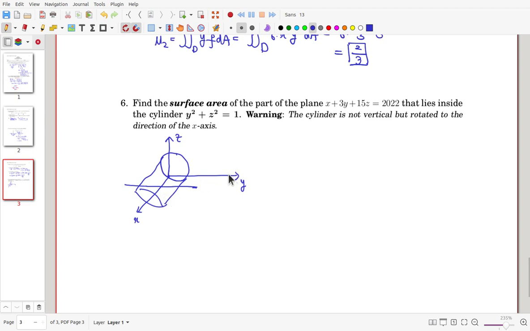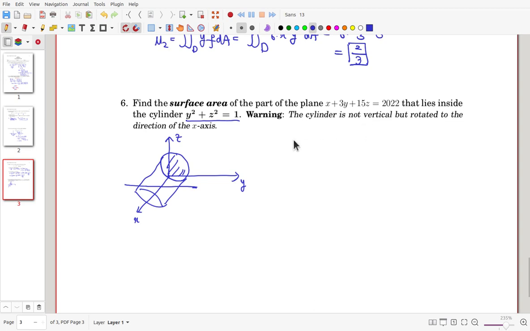Now, for this problem, we may consider the domain as that area, a domain in the y-z plane, and it's a polar region. The height must be a function of x.